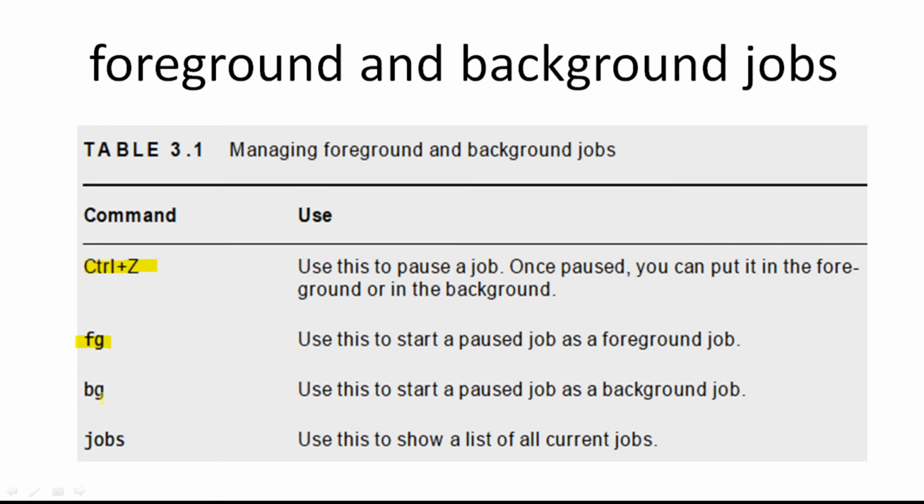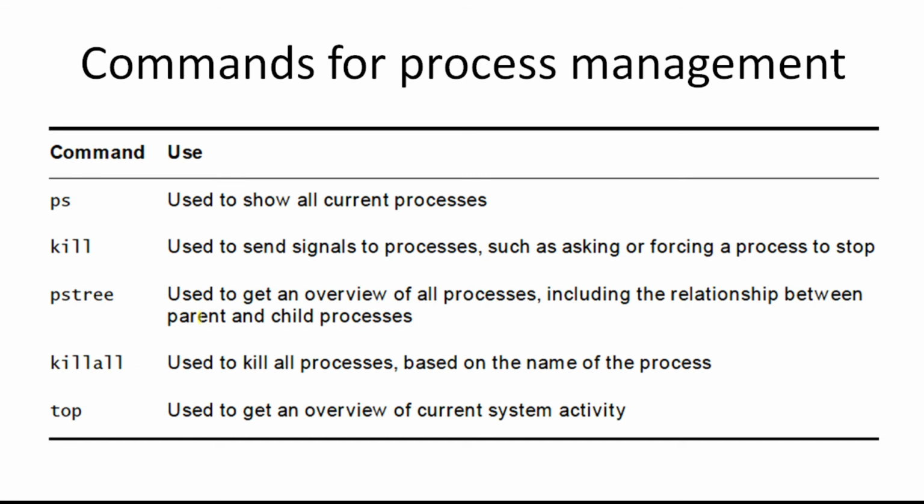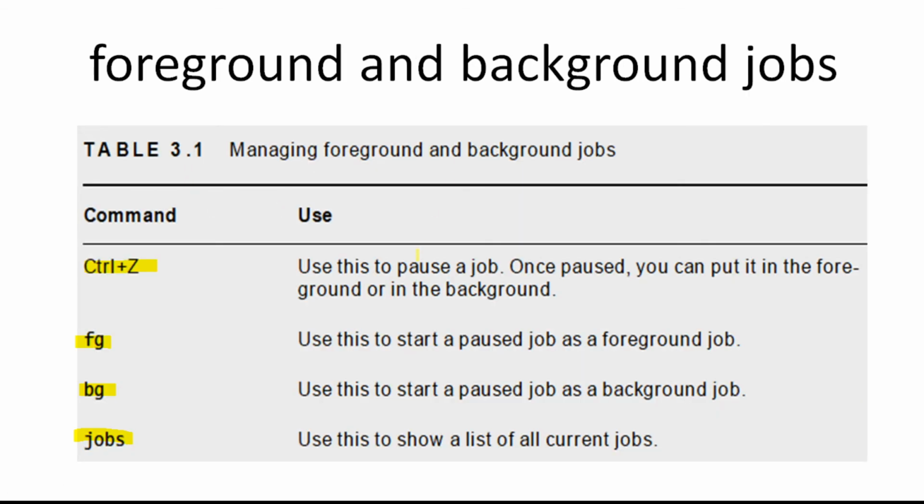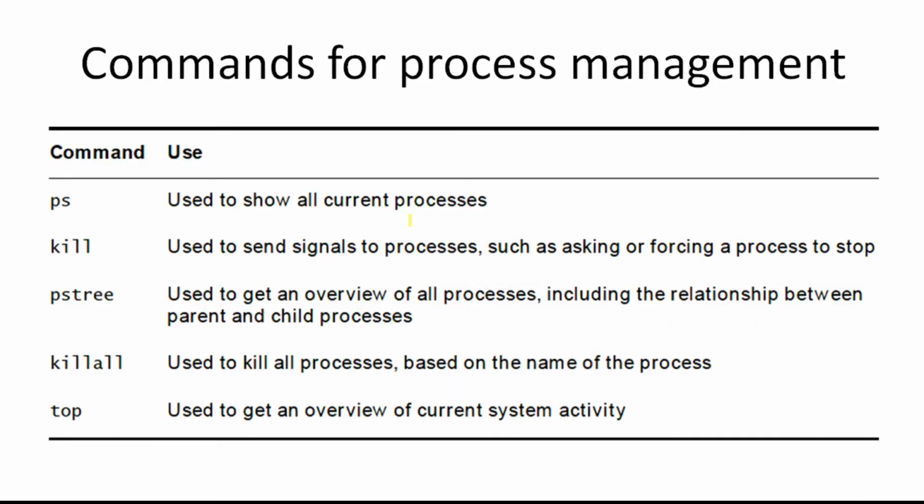In order to start the job as a background job, I'll be using the bg command. If I want to list all the current jobs which are running, then I'll be using the jobs command. So that defines how you can manage foreground and background jobs.